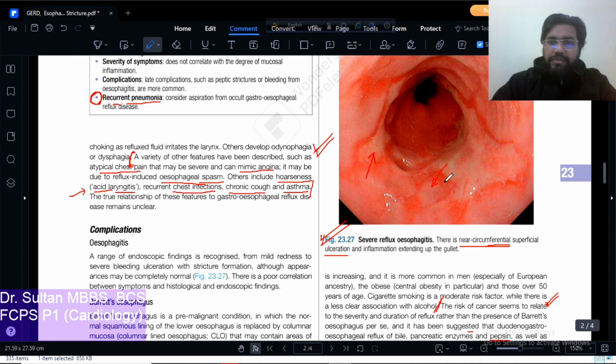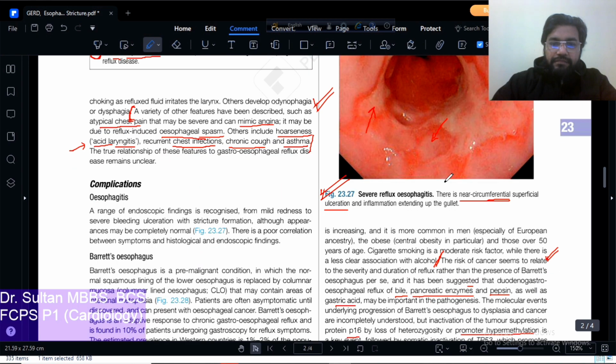So what are the complications that can occur? As I have mentioned earlier, gastroesophageal reflux disease is a form of esophagitis. So it causes esophagitis, and if long-term esophagitis persists, there can be stricture. And it can develop Barrett esophagus. You probably know Barrett esophagus is a pre-malignant condition.